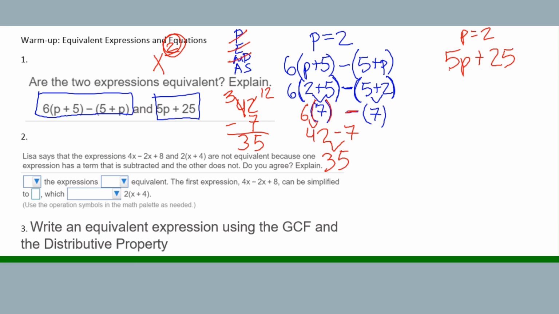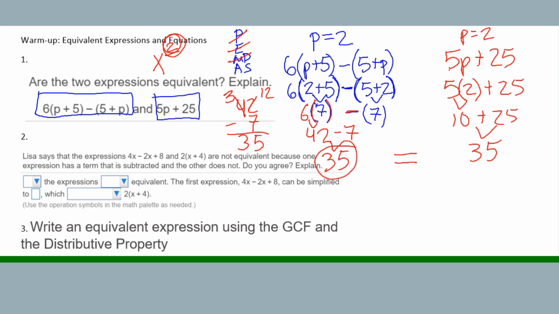So instead of writing 5 times p plus 25, I'm going to write 5 times 2 plus 25. 5 times 2 is 10, and 10 plus 25 is 35. So I still use my order of operations here. Multiplication comes before addition. Since 35 is equivalent to 35, we have the same value.